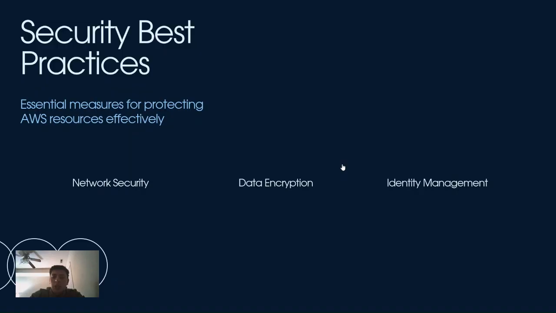Network security involves using tools such as security groups and network access control lists to restrict the traffic. Under the shared responsibility model, Amazon Web Services secures the physical infrastructure and core services, while customers are responsible for securing their data, applications, and configuration within the cloud.